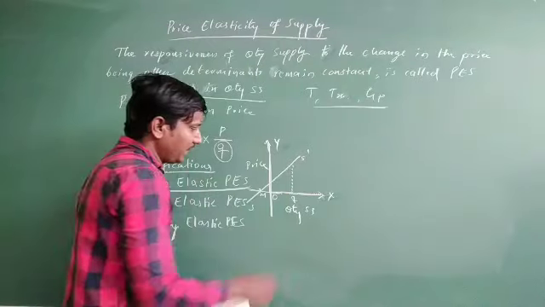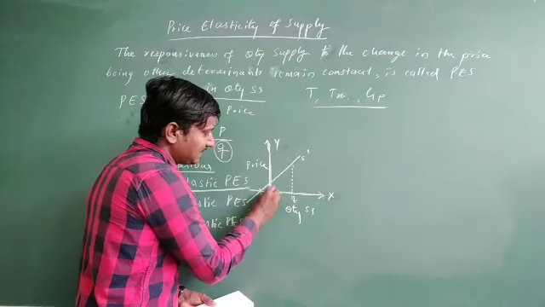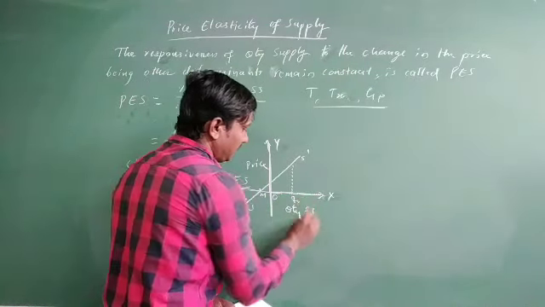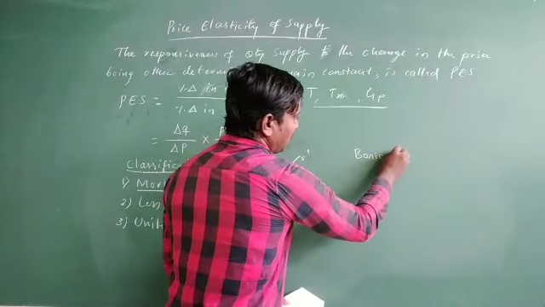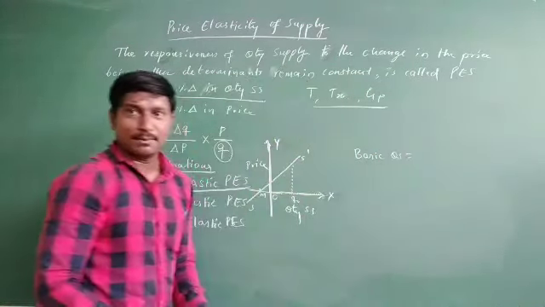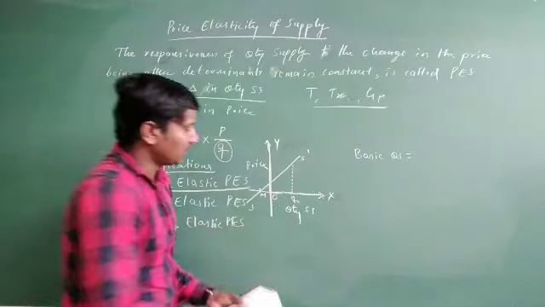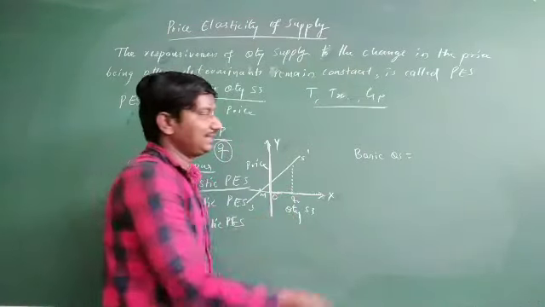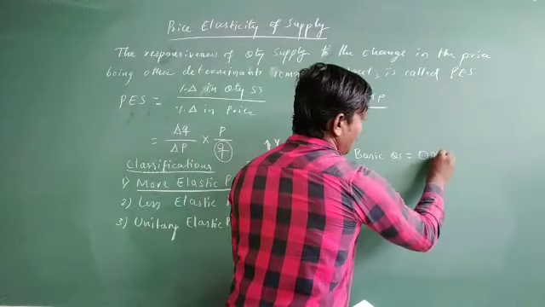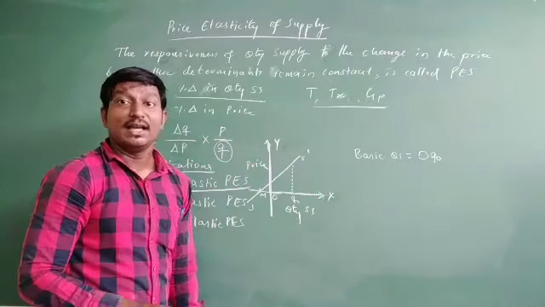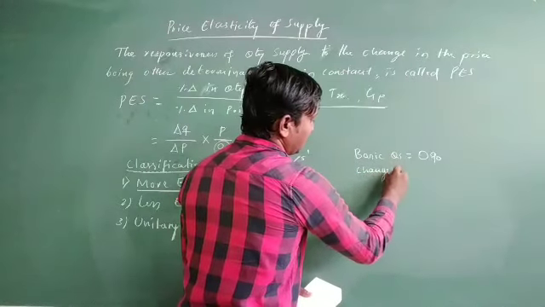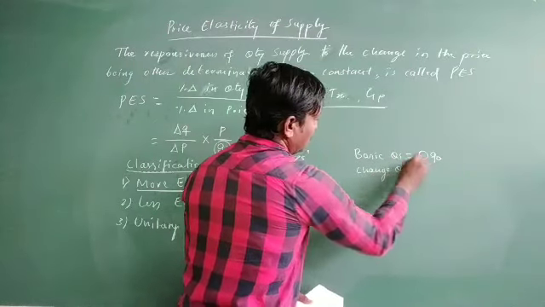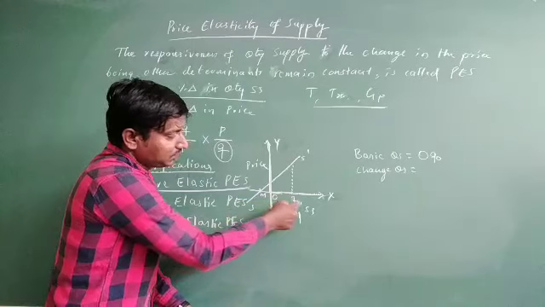Friends, you can just look here, the basic quantity supply is OQ naught. If we take this as OQ naught, the basic quantity supply QS is OQ naught. This much quantity is the basic. And what is the change in the QS? The change in the quantity supply is MQ naught.